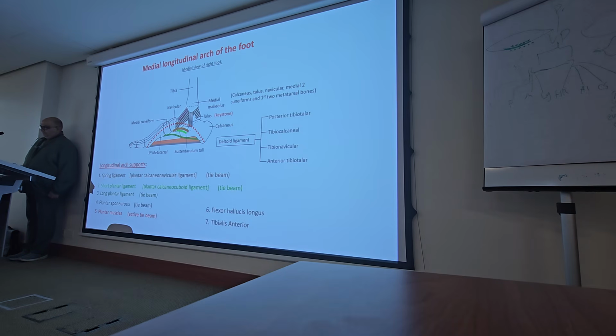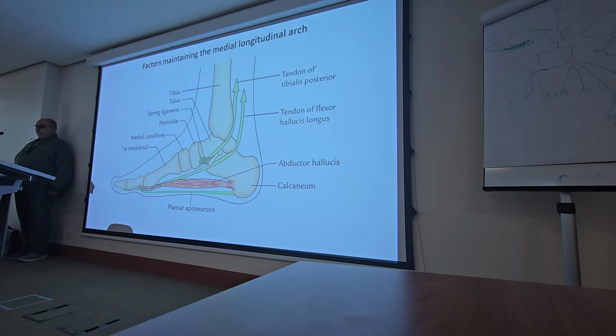So now, who is this? Coming from the back of my leg and going towards the navicular, this is the tibialis posterior muscle. And then I have another one here, pulling it up.